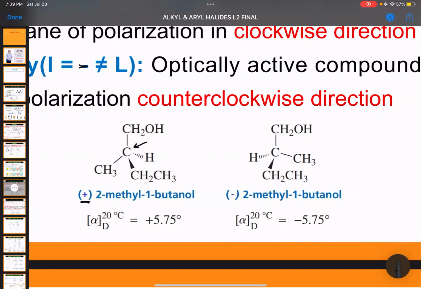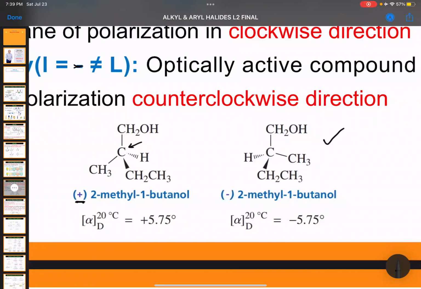So this is the mirror image. You can create a mirror image in this way, as in optics also we do mirror images. When you draw a mirror image, you will see that these two molecules are non-superimposable mirror images, but you need to put each molecule individually into a polarimeter and check whether it rotates clockwise or anti-clockwise.